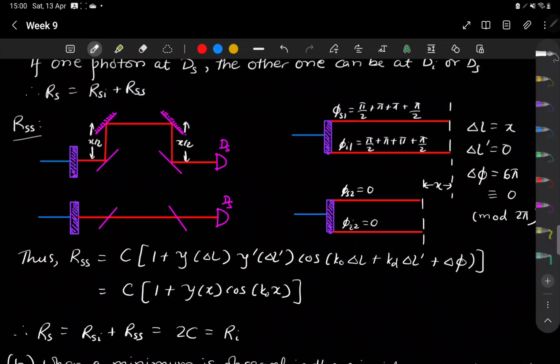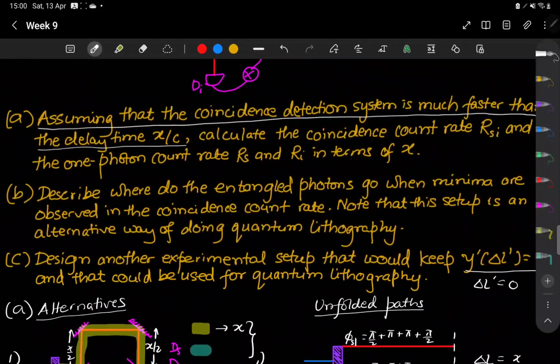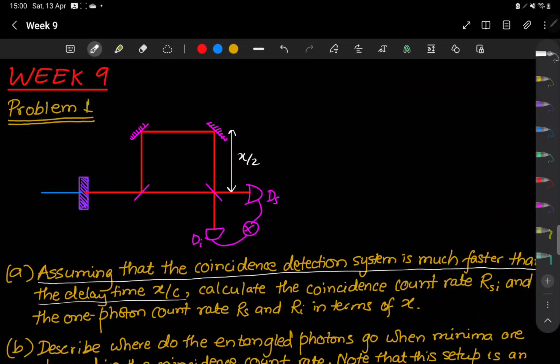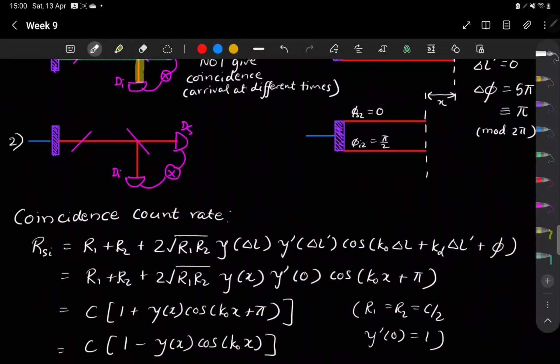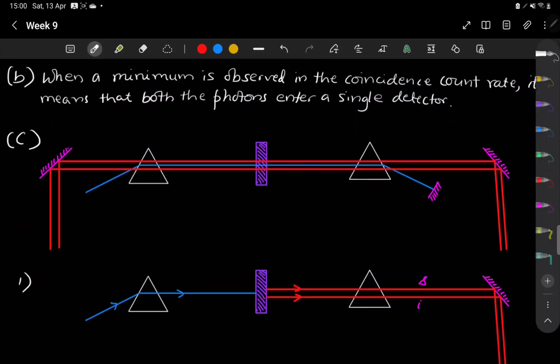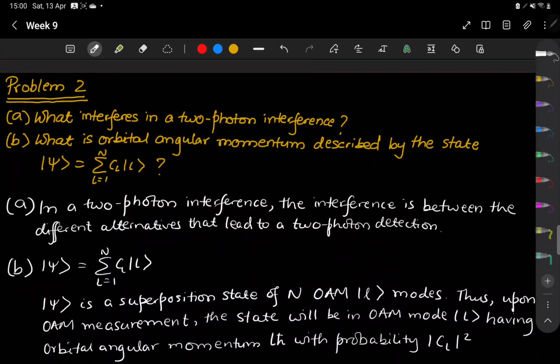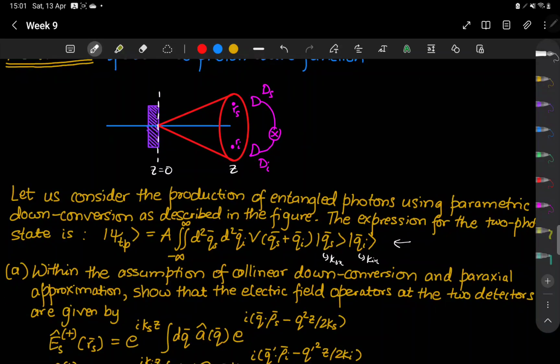So just a recapitulation, we saw some two photon interference effects, temporal effect, and then we started with the spatial two photon wave function, and then in the next week we will look at spatial two photon interference effects. So this is week 9.